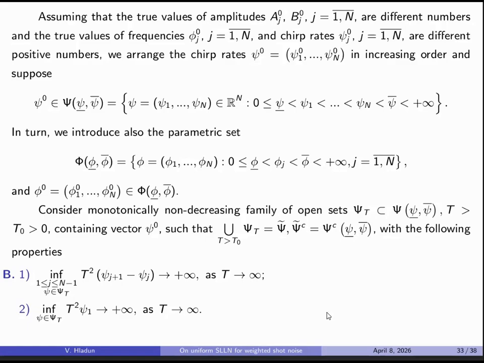They do not satisfy any regular theorem on consistency of parameters in nonlinear regression. And this condition B helps trigonometric functions to distinguish parameters properly, to make them consistent.